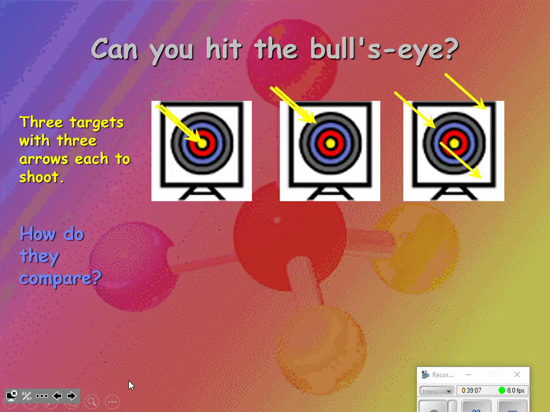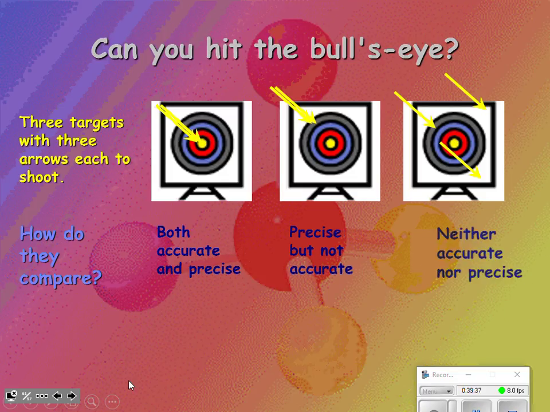Where are they grouped? They're all together. Are they precise? No, because they're not anywhere near the bull. Look at the third one. Are those accurate? They're not grouped, are they? Are they precise? No. Okay? So that is accurate precision.